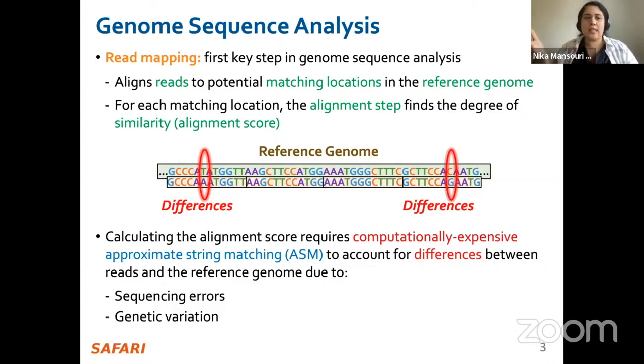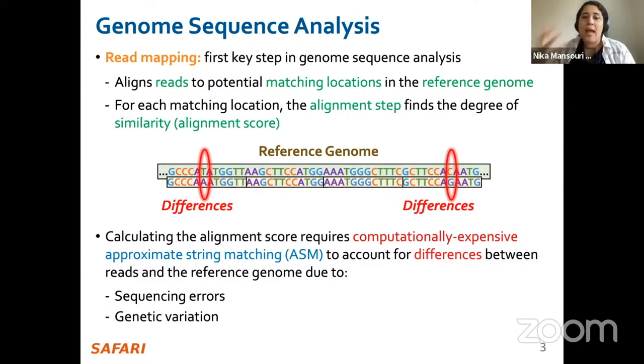These differences can represent sequencing errors or genetic variations. And then based on that, biologists or healthcare providers or other scientists can draw conclusions or provide personalized medicine or perform outbreak tracing, as we discussed in the previous slide.